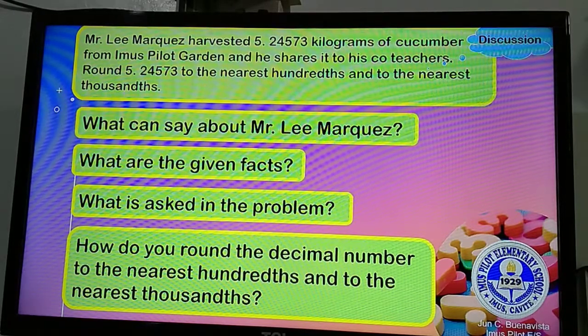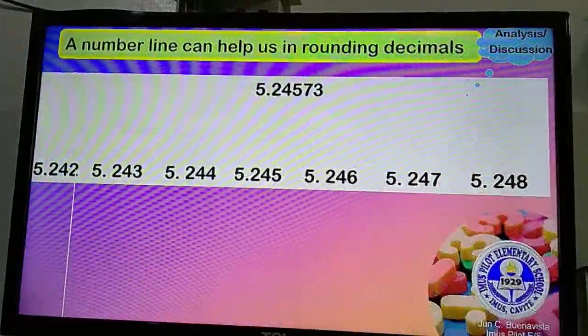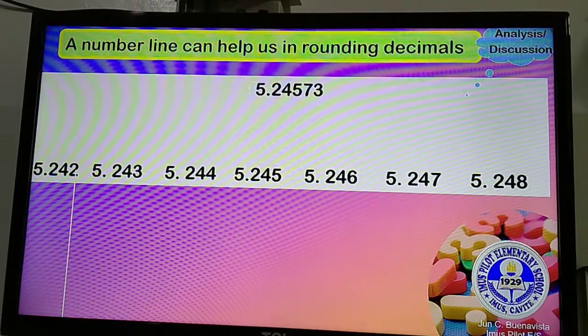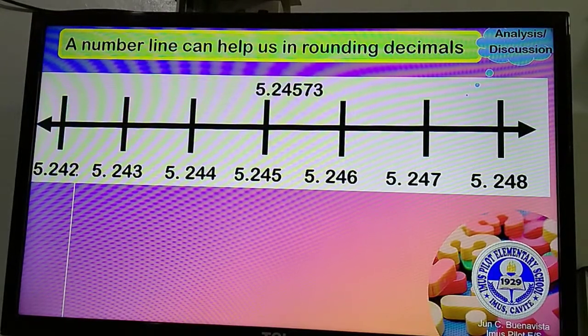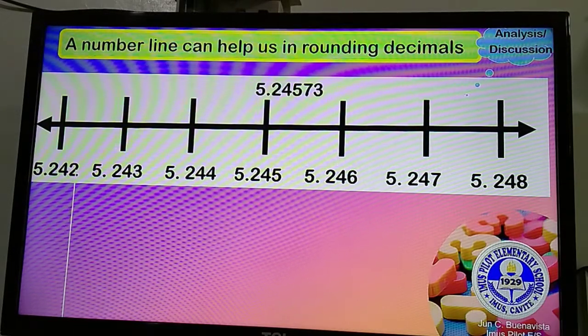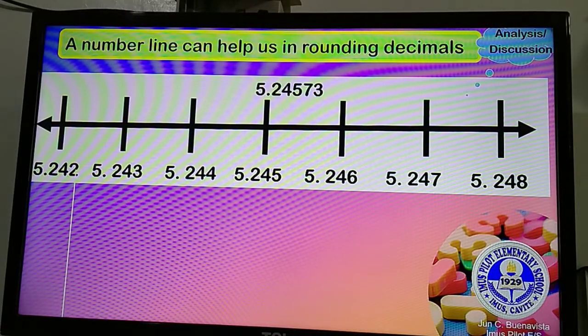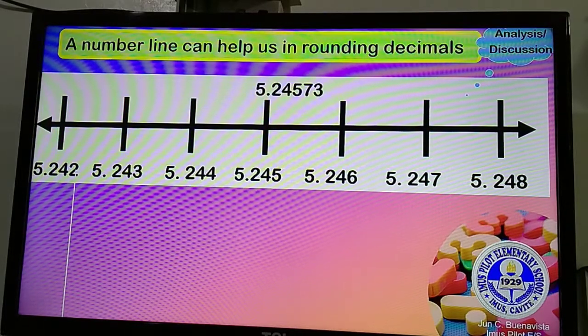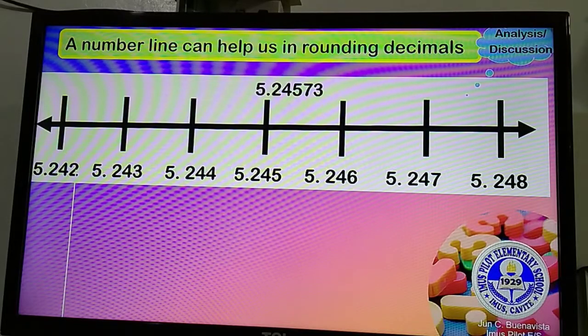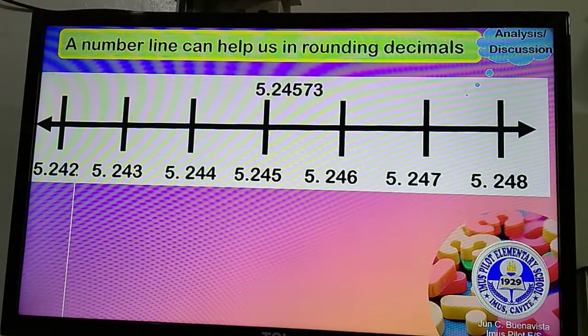Okay, so we are going to use first a number line. A number line can help us in rounding decimal numbers. So this is our number line. Our given is 5.24573 million. Our hundreds digit in our given number is 4. The number at the right of 4 is 5.